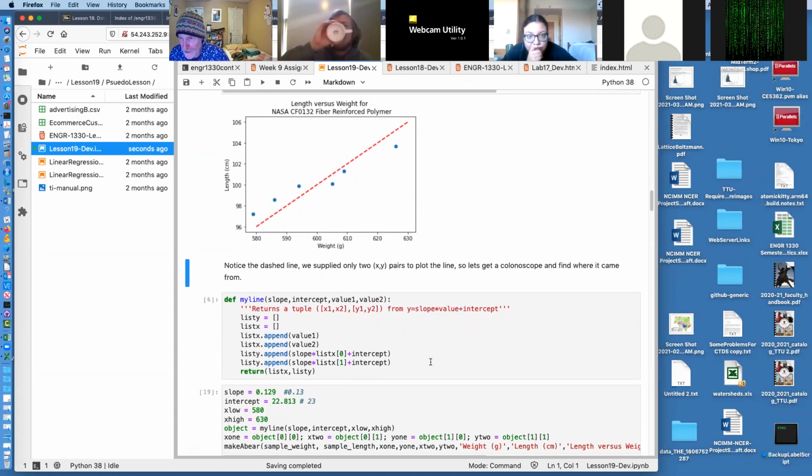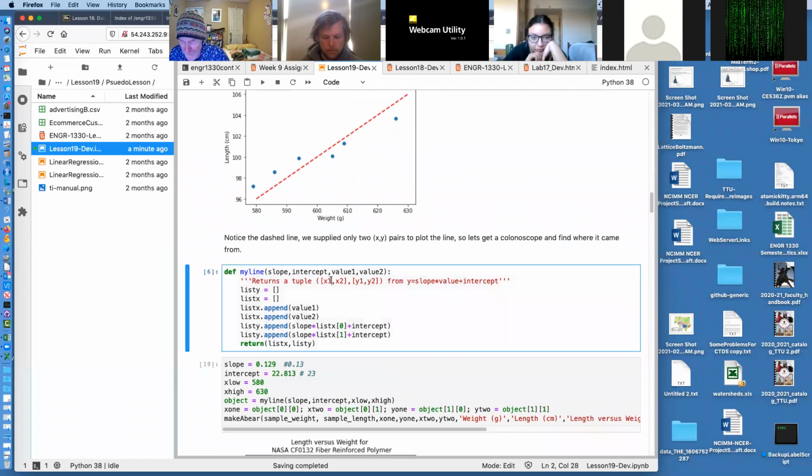So keep in mind, to plot that dashed line, we actually only supplied two XY pairs to plot the line, and those XY pairs have no particular relationship to the blue dots. So let's go ahead and get a colonoscope and find out where the dashed line came from.